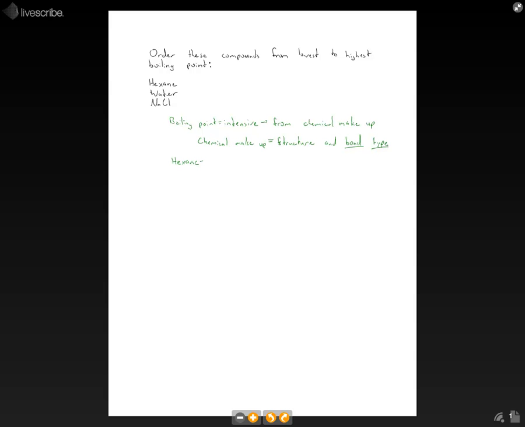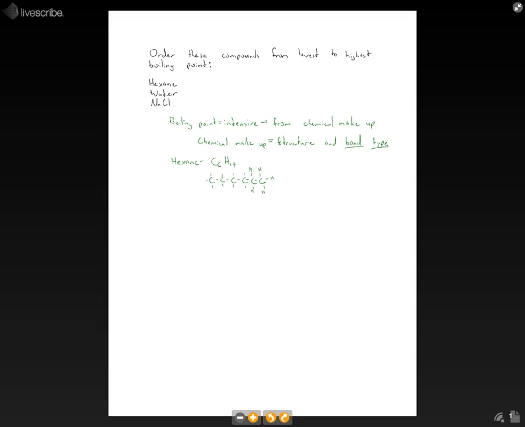So hexane is C6H14. It's going to look like this. There's H's off of all of those.